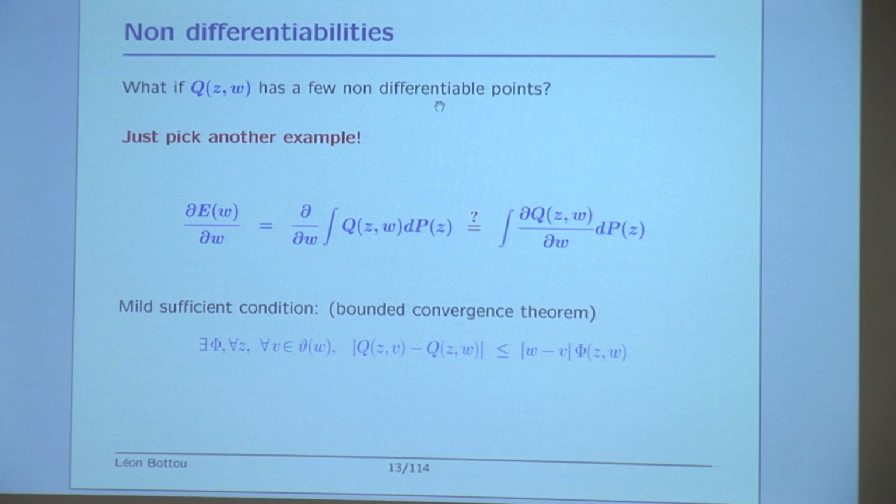I have my derivative of the error, which is the derivative of this integral here. And the question is when the derivative of this integral is equal to the integral of the derivative. And we know that's quite robust: if Q is not differentiable in a couple of points, provided that I have a boundedness condition, this is going to work. So most of the math applies if Q is not differentiable in a couple of points, provided it's not too bad, provided it's continuous enough.